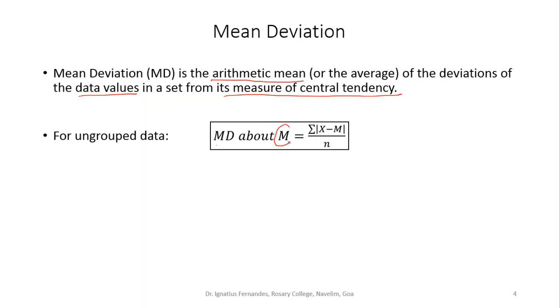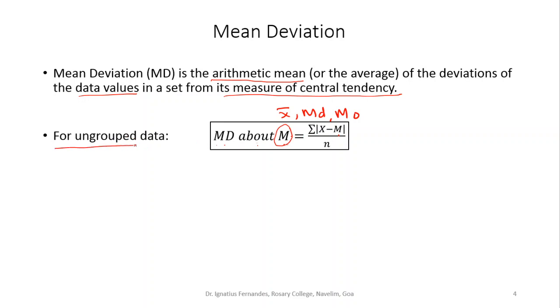Now this M can be either mean, median or mode. In the previous example we considered M as x bar. This could also be median or mode. So depending on which measure we use, we have 3 formulae: mean deviation about mean, mean deviation about median, and mean deviation about mode.